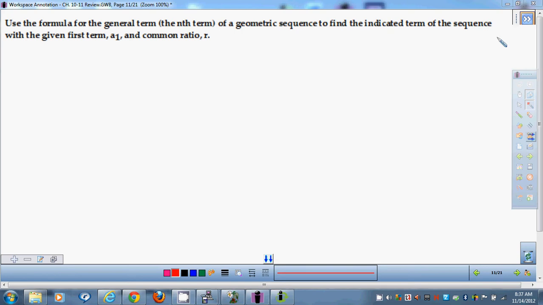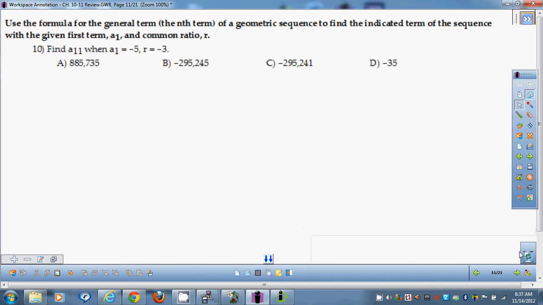So, what's this problem going to look like? It is going to be a sequence, which is just a list of numbers. And you're going to need to use which general term, the arithmetic or the geometric? Geometric. Good one. All right. So, oh, it actually gave us everything that we needed. How thoughtful. So, we are looking for a sub 11.